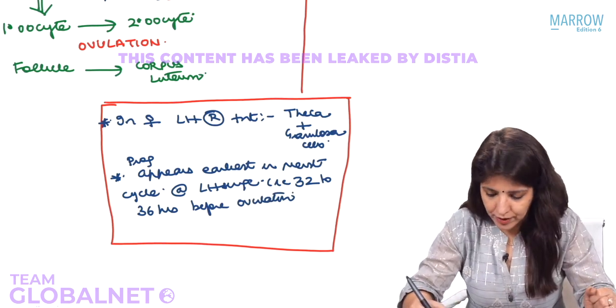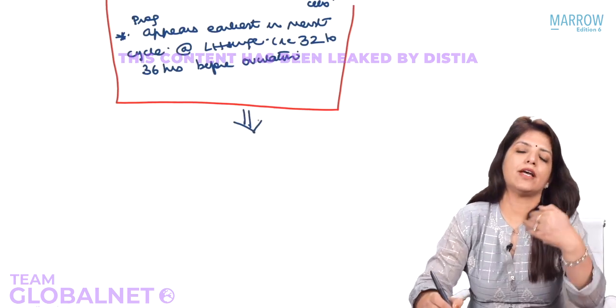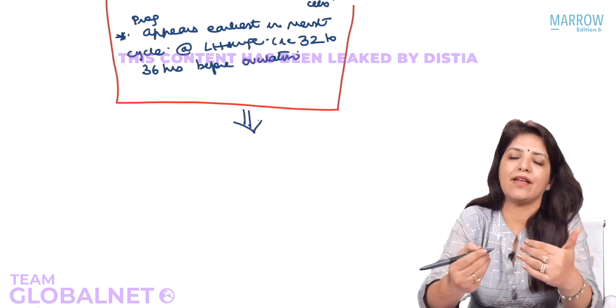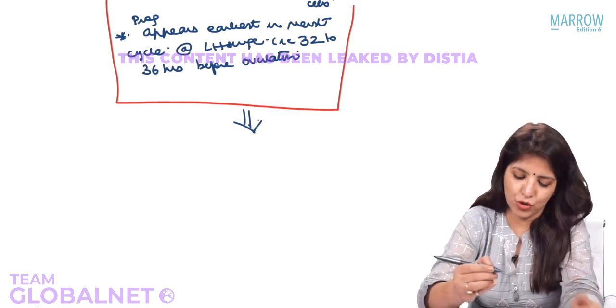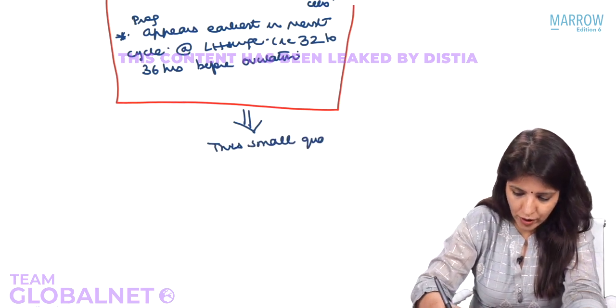Right? Now, continue your table there, continue your chart. Now, what happens because LH is producing progesterone from the granulosa cells, and these are small quantities of progesterone.